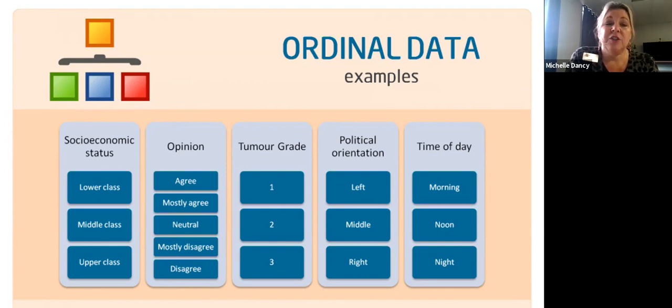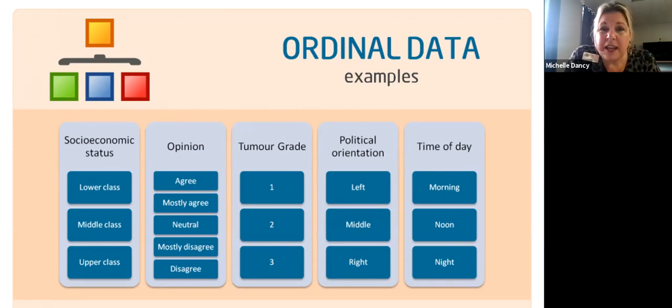So your socioeconomic status: lower class, middle class, upper class. Well, we know we can rank those, but there's not exactly $45,000 worth of difference in annual income from lower class to middle class. It's not that precise. Your opinion: agree, mostly agree, neutral, mostly disagree, disagree.